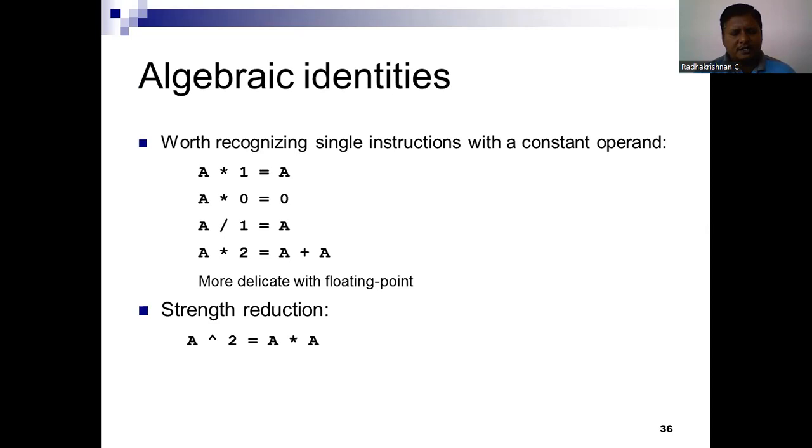Anything divided by 1 is equal to A. That type of code needs to be reduced, with no further computation. That is the concept of algebraic identities. Also strength reduction: A squared is nothing but A * A, so instead of the power operation you can use A * A.